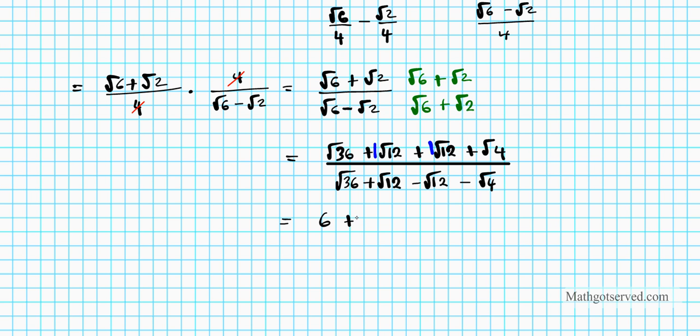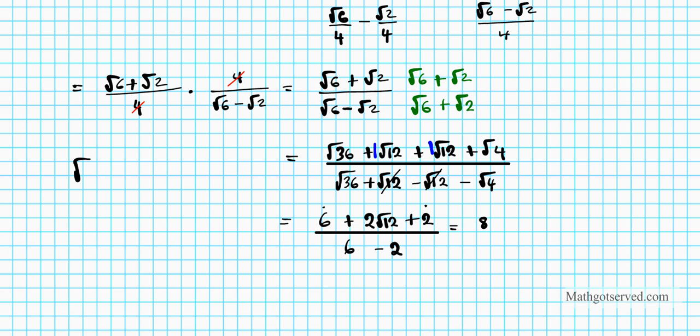You're going to have 2 root 12, okay? 2 root 12, square root of 4 is 2 plus 2, divided by, and then in the denominator, the square root of 36 is 6. These two are opposites, so they add out to 0, and the square root of 4 is 2 minus 2, okay? So here we have 6 plus 2, add like terms, 6 and 2 are like terms, equals 8. Now let's see, how can we rewrite this? 2 root 12.